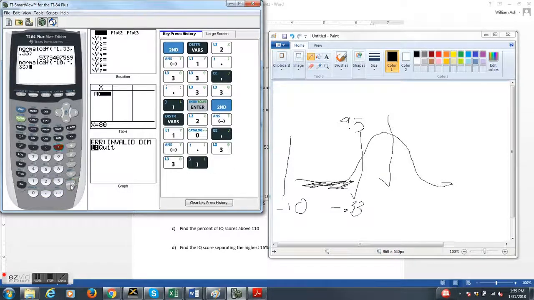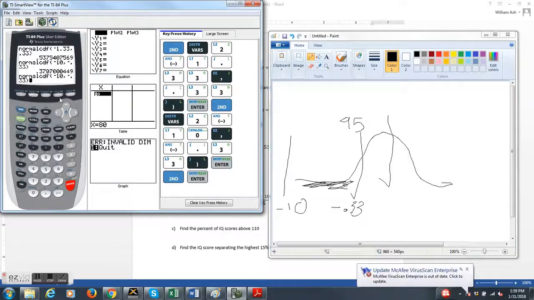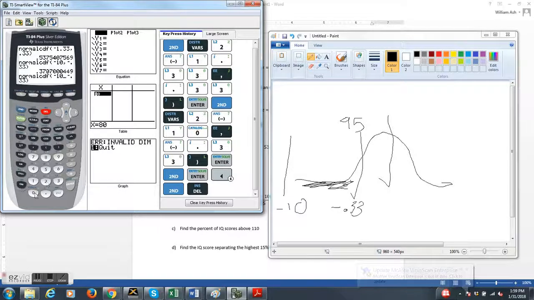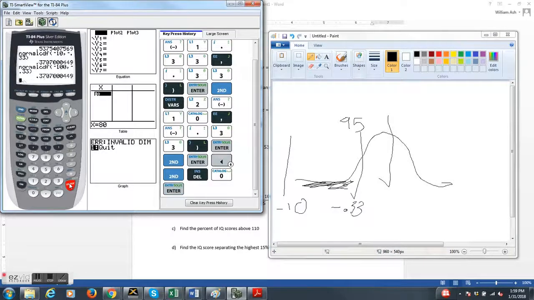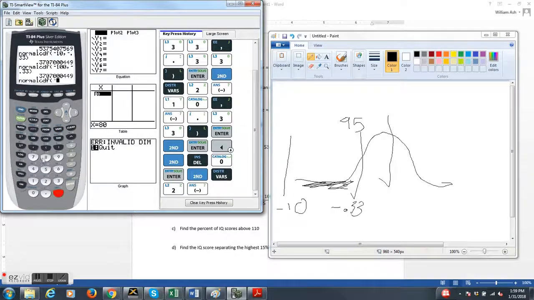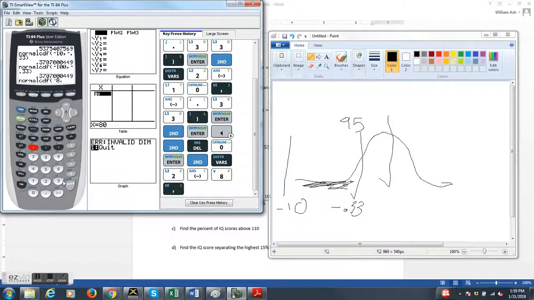Now, I say negative 10, I think I said in class, it's just something very negative. You realize if I change that negative 10 to like negative 100, I get the same answer. Look, exactly the same. In fact, even if I was going to go negative 8 to negative 0.33, I get the same thing.